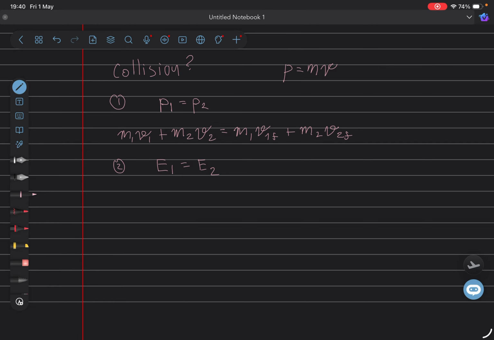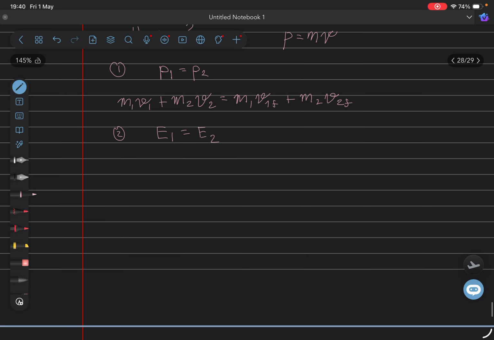Another quantity you might want to know for collisions is the impulse. J is used to represent the impulse. The impulse is defined as the change in momentum. It can also be written as the total force times the change in time.